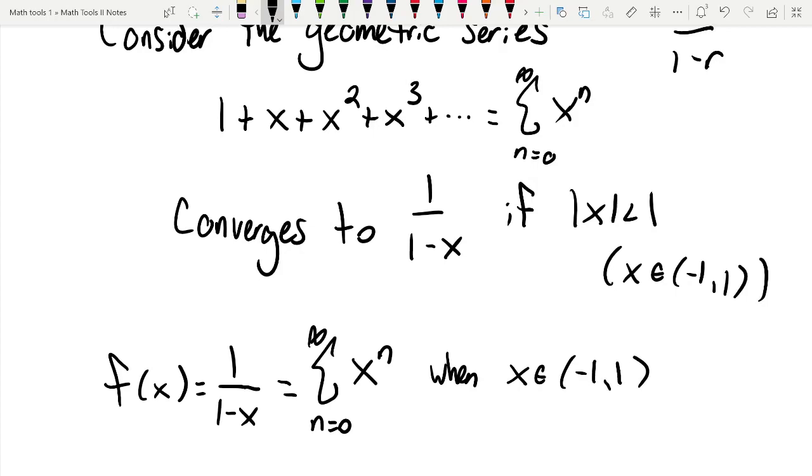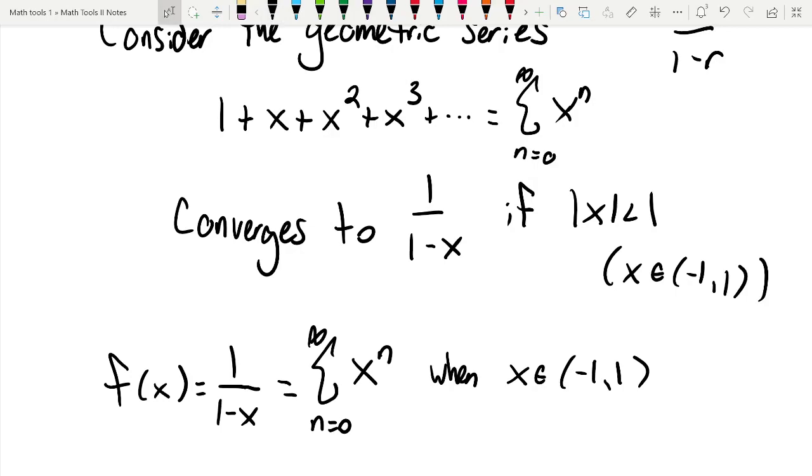Okay, so we're taking this rational function and we're representing it as a series of polynomials. Again, very convenient because we know that polynomials are a lot better behaved than the rational function is.